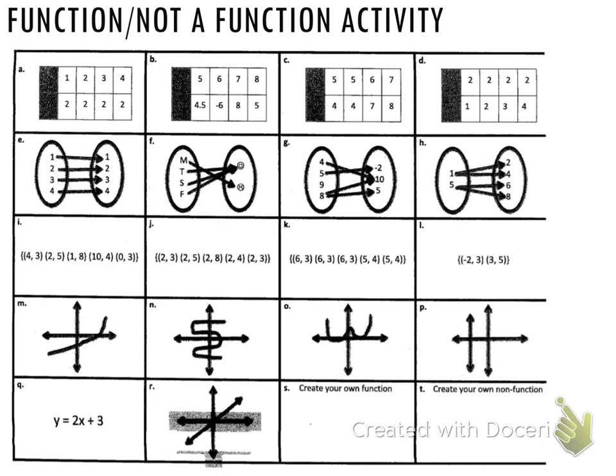Does that make sense? And just to clarify on a few of these, letter C, we have a typo here. This y value is supposed to be a 6. Okay? And then letter K, these y values are all supposed to be different.